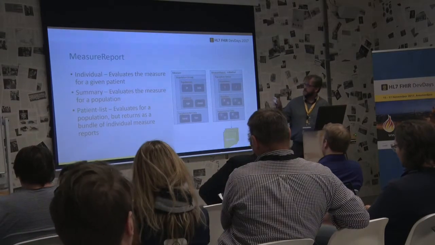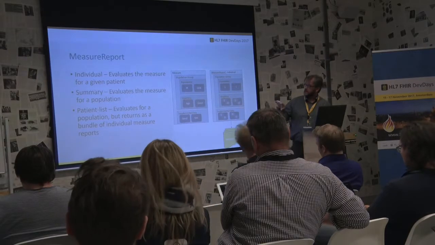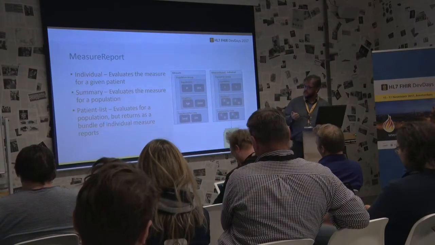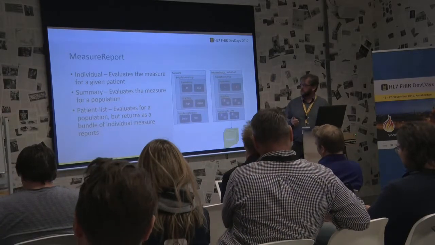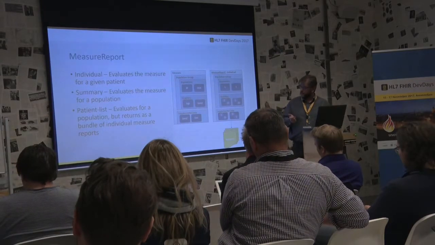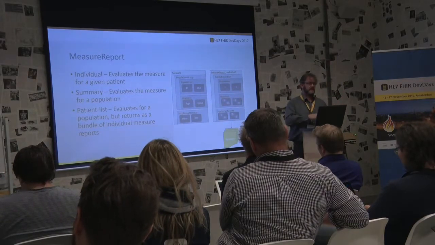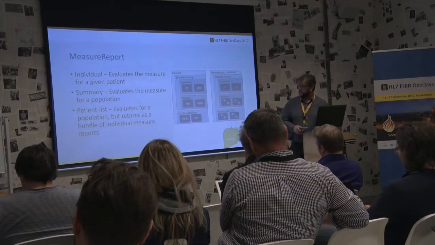In the measure, you can have any number of population groups. Each population group has any number of populations. Typically, they're the ones that we enumerated, but you can define your own if you really want to. And then within that group, there are also stratifiers. So I can take those populations and stratify them by different criteria, like age or gender, whatever.